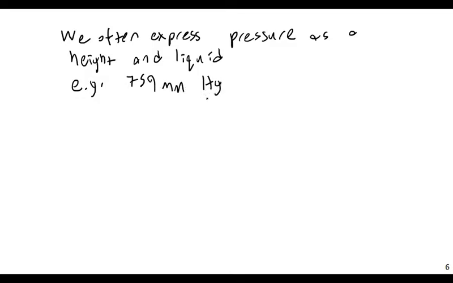If I say that the atmospheric pressure today is 759 millimeters of mercury, what I'm really saying is the current atmospheric pressure around us is sufficient to raise a column of mercury 759 millimeters. If I want to see what that looks like in pascals, I would have to work with the density of mercury.